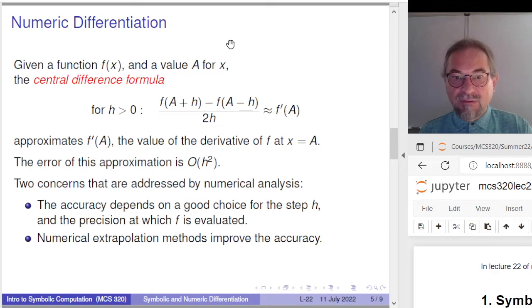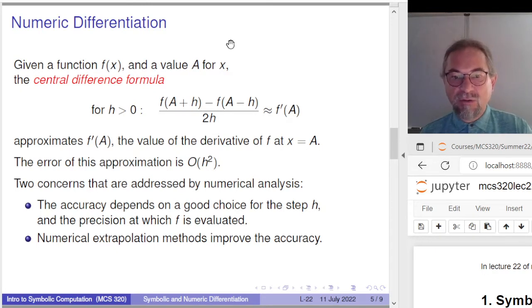Now you are therefore tempted to take the h as small as possible. However, there is a lower threshold on the step size, and that depends on the working precision at which you can evaluate this function. So that's the first concern that is addressed by numerical analysis.